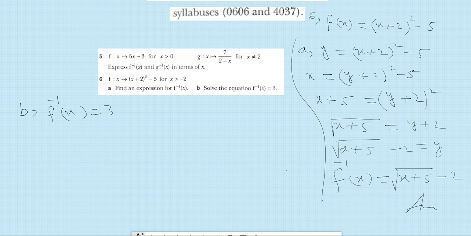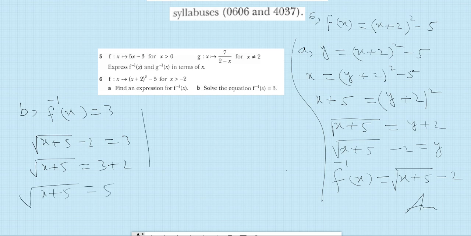So put the answer of f inverse x over here: square root of (x plus 5) minus 2 is equal to 3. Now find the value of x. Move this minus 2 to the other side, it becomes plus 2: square root of (x plus 5) is 3 plus 2, which is 5.